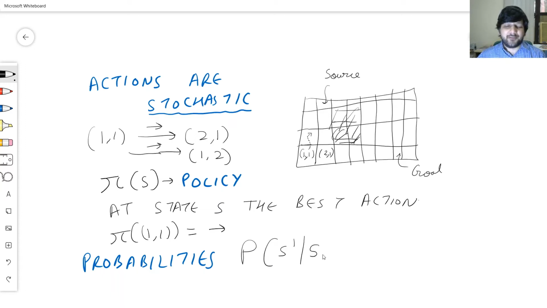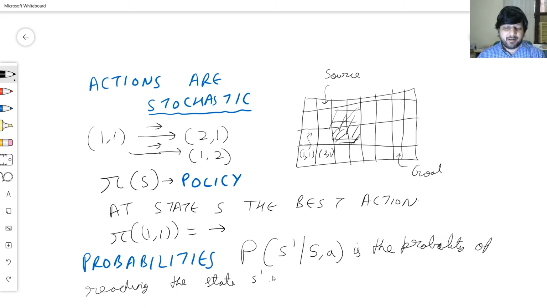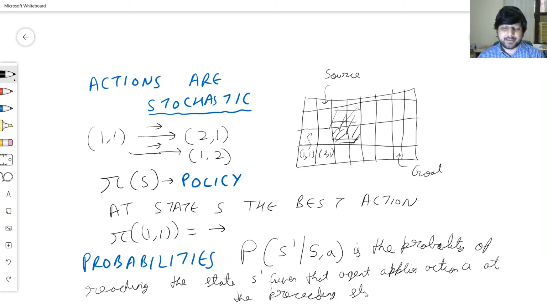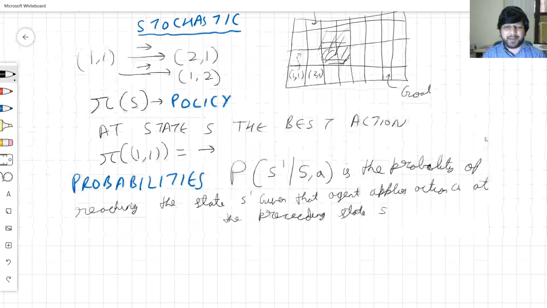P(S' | S, A) is the probability of reaching the state S' given that the agent applies action A at the preceding state S. Complicated, of course, I will simplify that immediately.